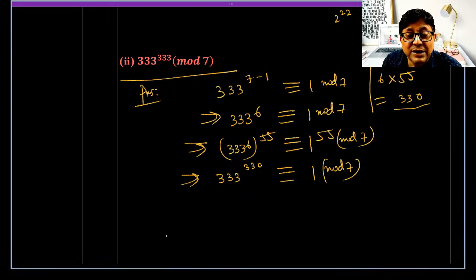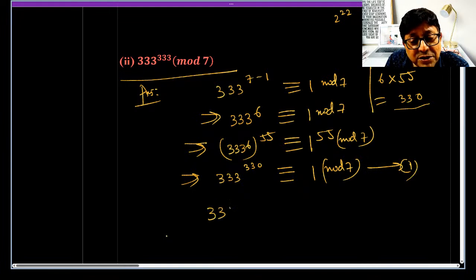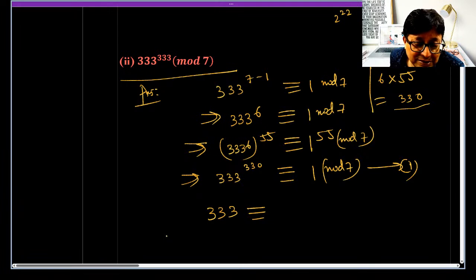What to do? You just go by this. You take 333 to the power 1 and go by ordinary division. If you divide this by 7, what is the remainder? Just calculate it. 333 divided by 7, 28, 49.